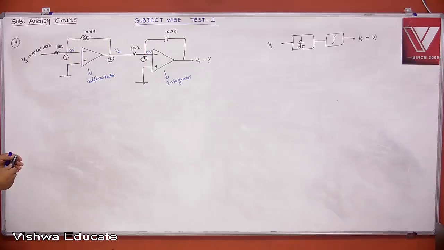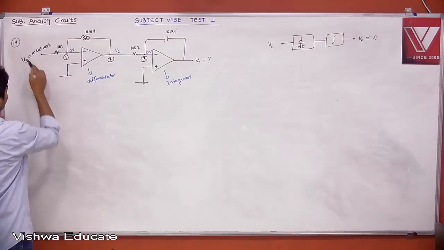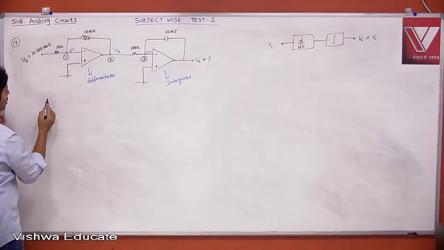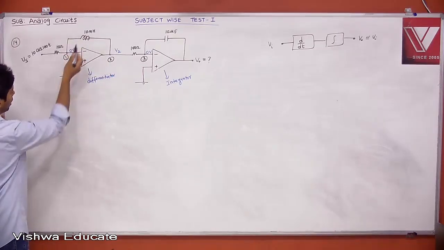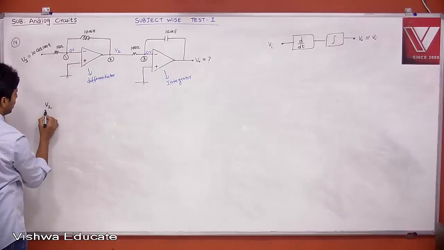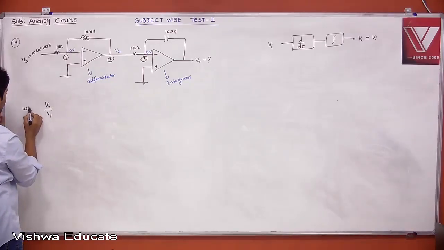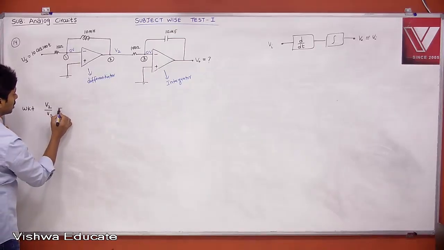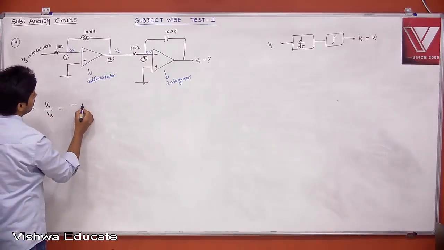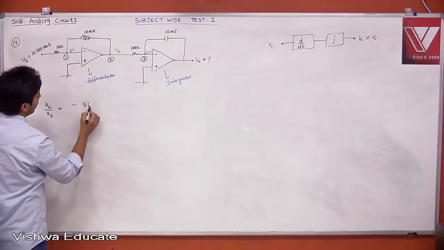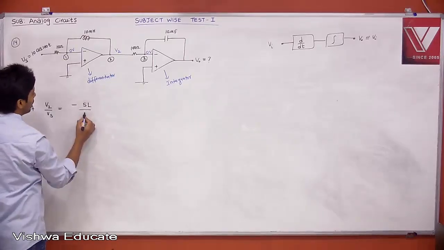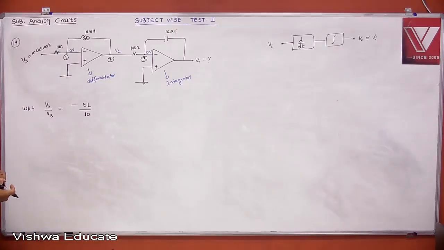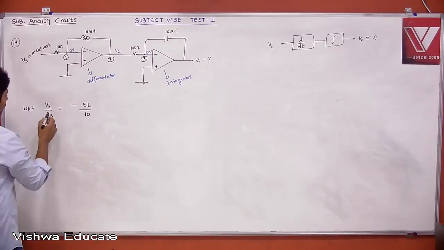Now let's see. When you apply nodal analysis, what do you get? 0 minus Vs... this is nothing but V2 divided by Vs, which is minus Zf divided by Z1, R2 by R1. Therefore, V2 divided by Vs is equal to minus Z2 by Z1, which is S into L divided by R, let me call this R1, which is 10.